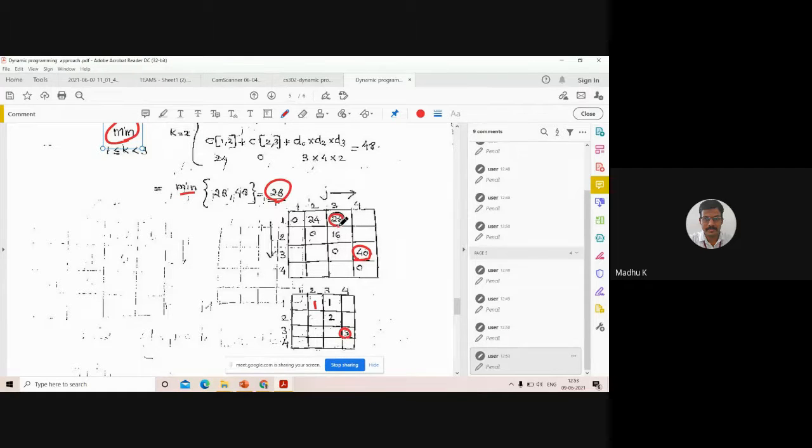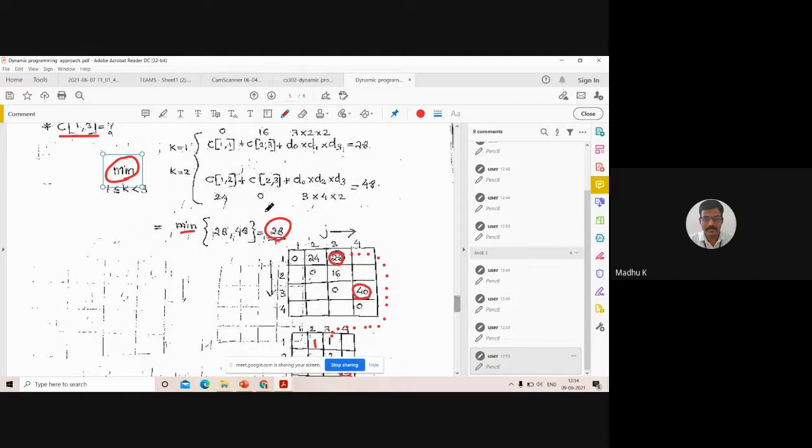In parallel, we want to update this matrix. We want to update this one. So here I put 1. Why?